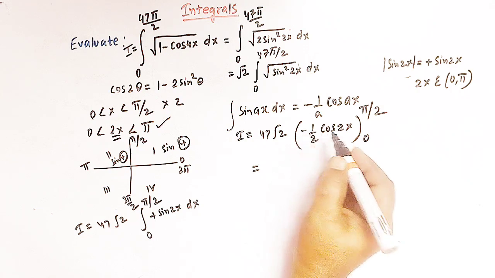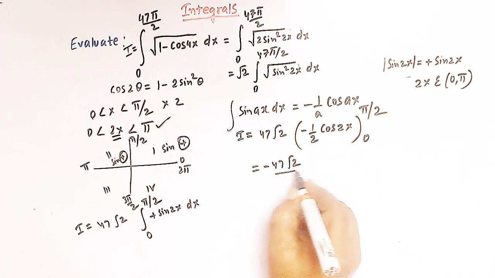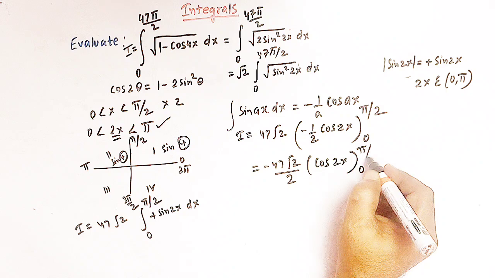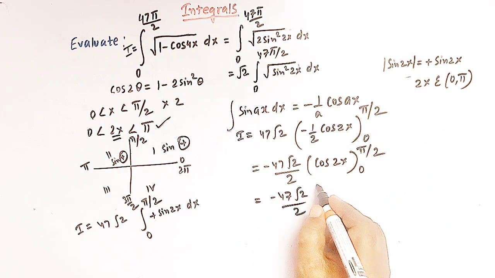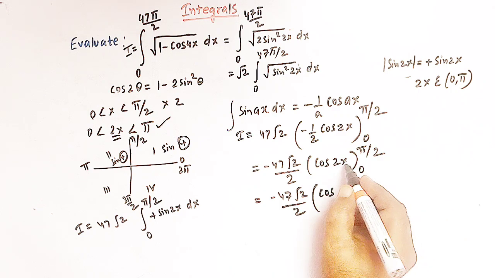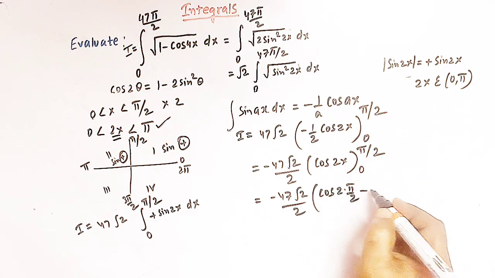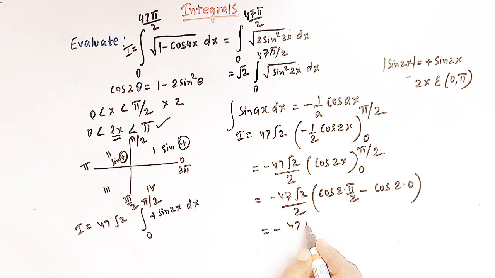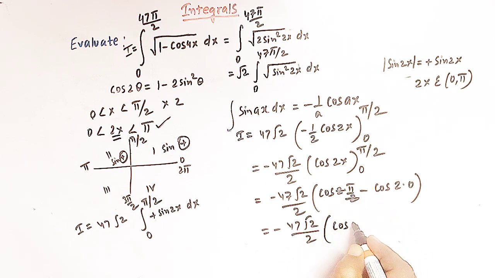Taking minus half outside the bracket, we have minus 47 root 2 over 2 times cos 2x from 0 to pi by 2. Now substituting the limits and taking the difference, first we have cos of 2 times pi by 2, then minus cos of 2 times 0, and this is minus 47 root 2 over 2. This 2 and this 2 get cancelled, so we have cos pi minus cos 0.